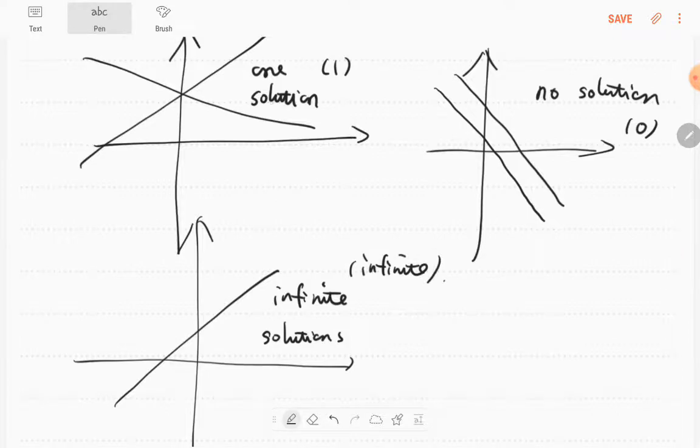Again, if they have different slope, we will have one solution. If they have same slope, but their intercepts are not the same. So same slope, different intercept. This will be the case. They are parallel lines. They have no solutions. So the number of solutions 0.